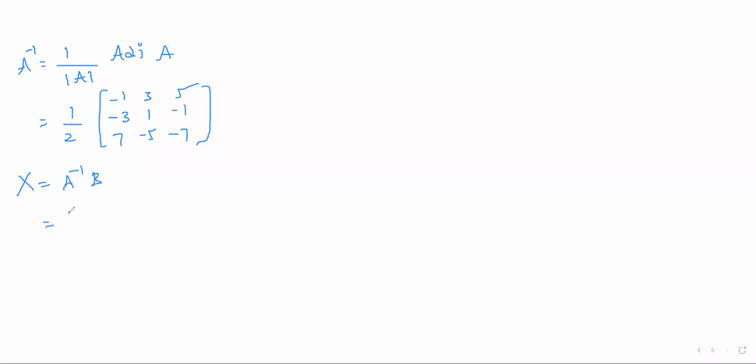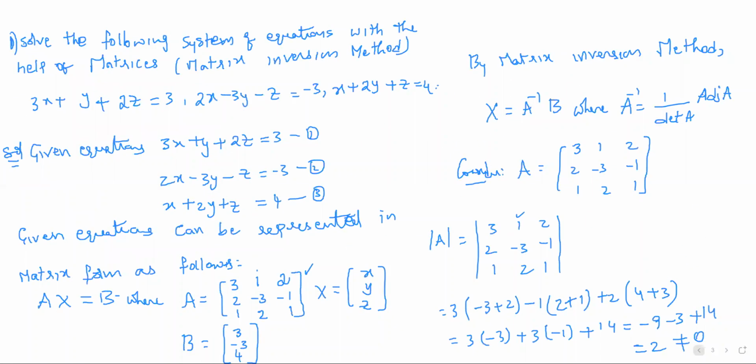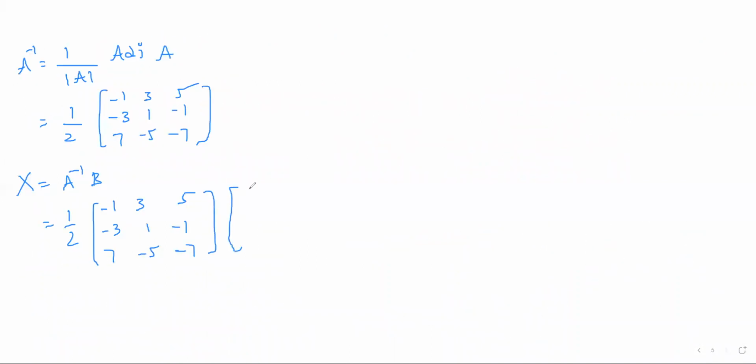So that is equal to A inverse means 1/2 into minus 1, minus 3, 5; minus 3, 1, minus 1; 7, minus 5, minus 7, into capital B. Capital B means right hand side values: 3, minus 3, 4.